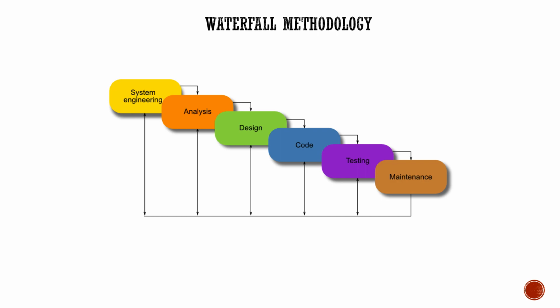For coding phase, the actual code will be started written and the requirement will be implemented into the technology. The testing phase is important because all the source code written in coding phase will be tested to ensure it complies with the system requirements. Lastly, after the system is deployed to the user, maintenance phase will occur to ensure the system operates at the optimum level.